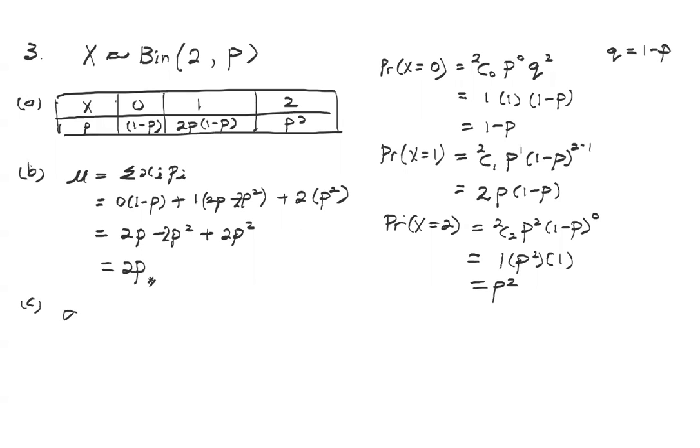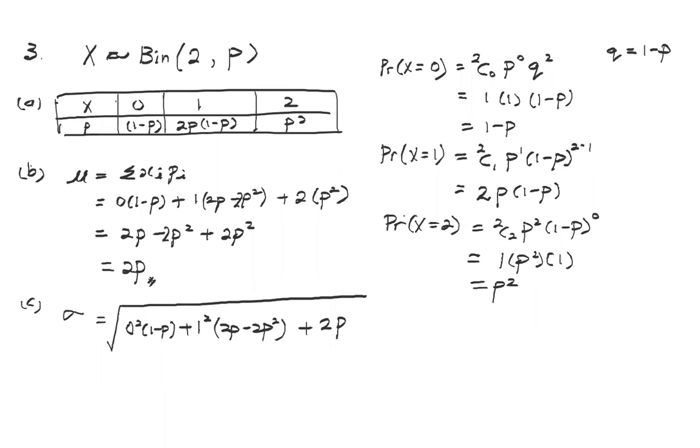Then part C. I will use the standard deviation formula, square root of 0 square times 1 minus p plus 1 square times 2p minus 2p squared plus 2 squared times p squared, take away the mean. Our mean is 2p, right?